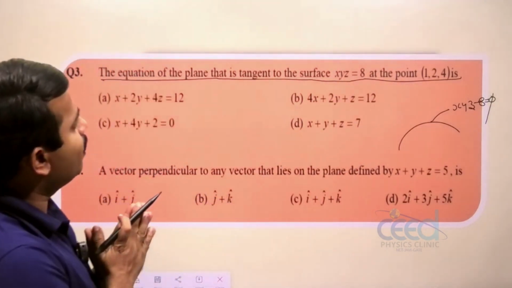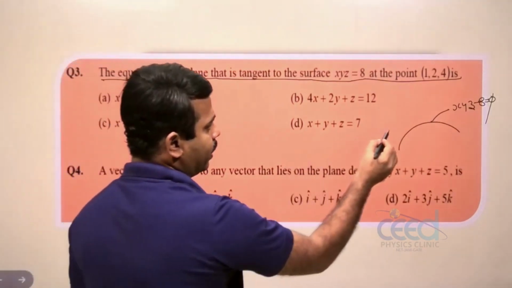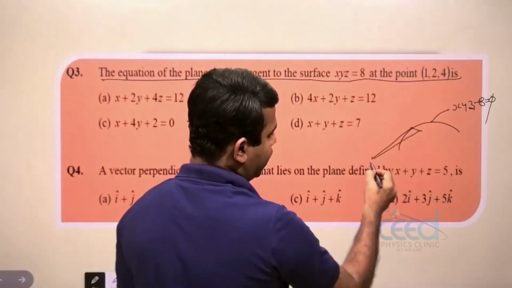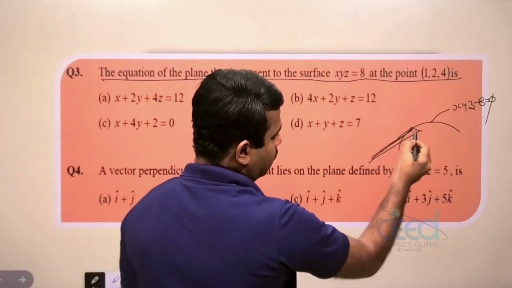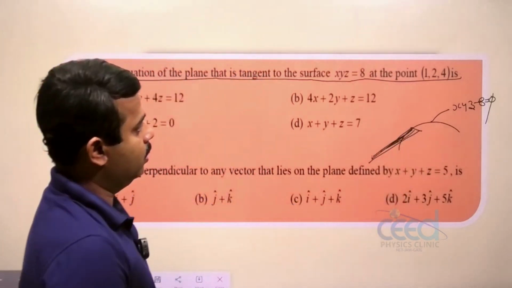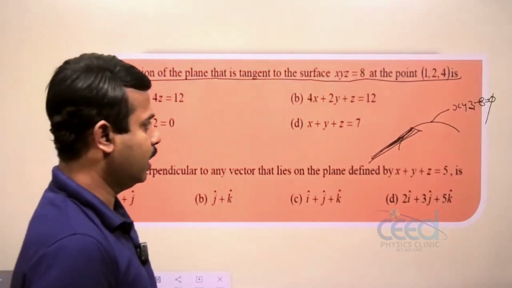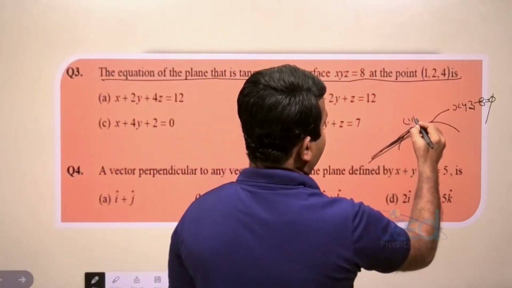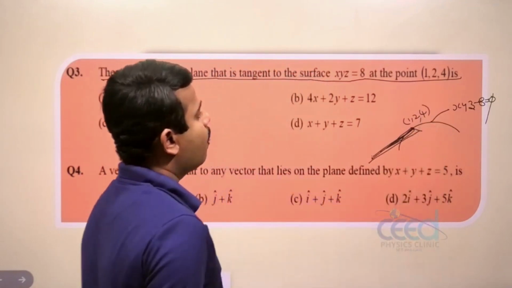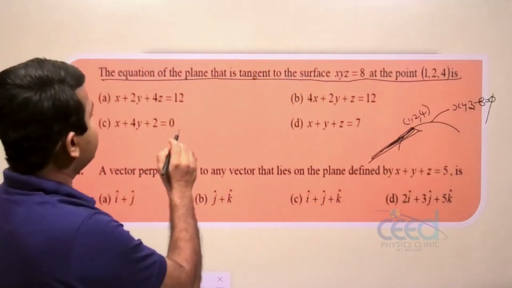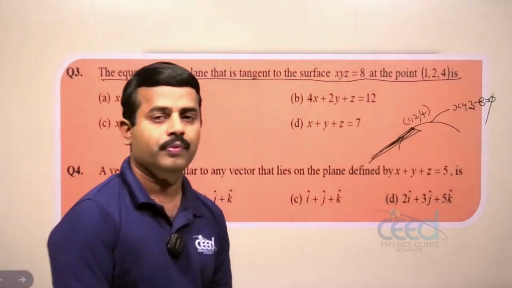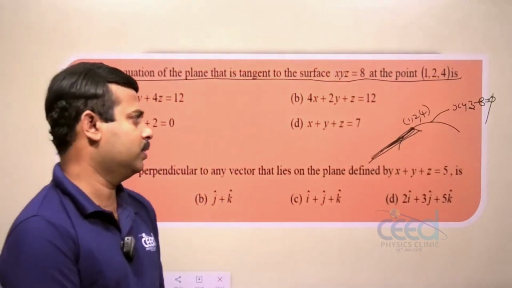Now one plane is there, suppose this is a plane touching our surface at the point (1, 2, 4), but the condition is that it should be tangent to this surface.